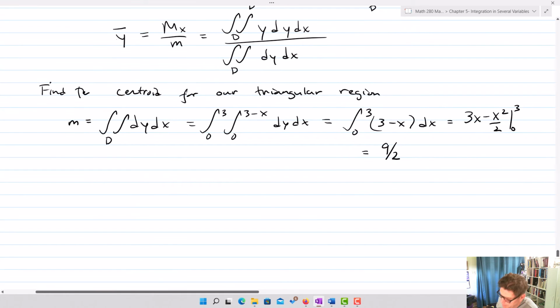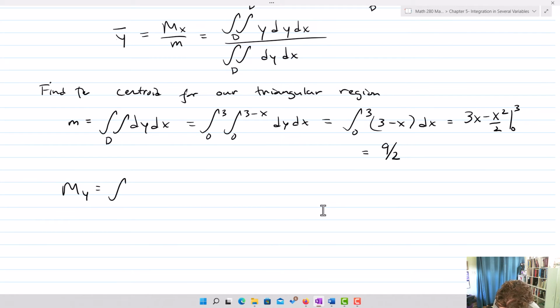Now we're going to take a look and see if we can find our My and Mx. So My is going to equal the double integral from 0 to 3, 0 to 3 minus x of x dy dx. We'll evaluate first with respect to y.